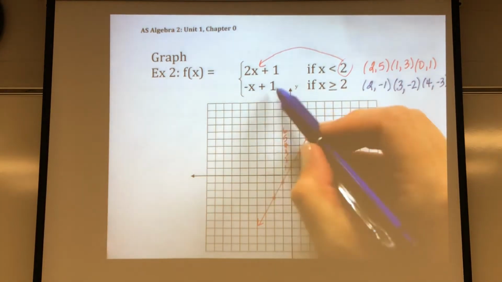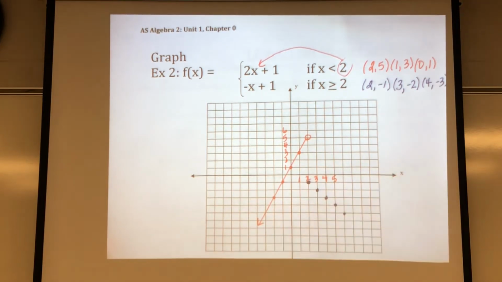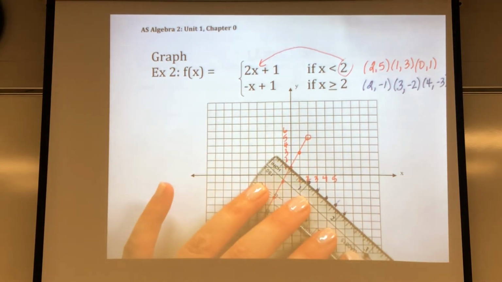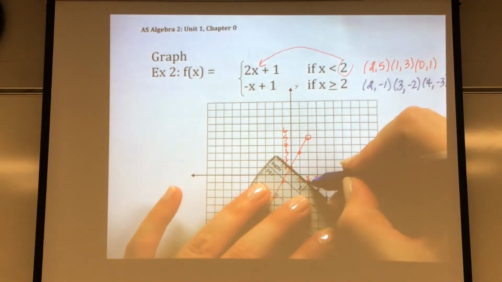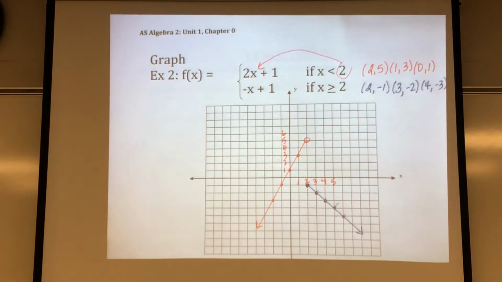Or you can use the slope. It's just negative 1, so you can go down 1, right 1. And then again, connect it with a straight edge, but don't go past that starting point. So we're only drawing the arrow in one direction.